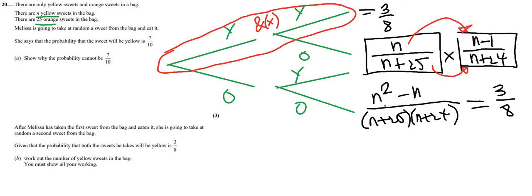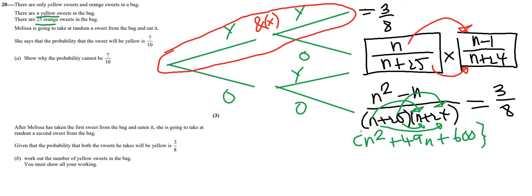So let's expand this out. If I expand the bottom part, that's going to become n squared, n times n, and then n times 24, and then 25 times n. That gives me 49n, plus 25 times 24, which is 600. So I've got n squared plus 49n plus 600.